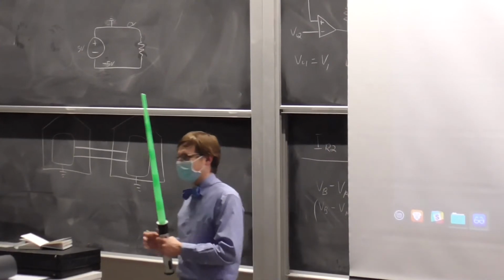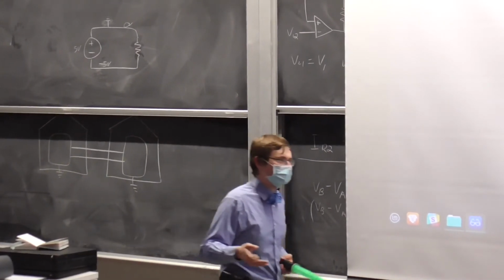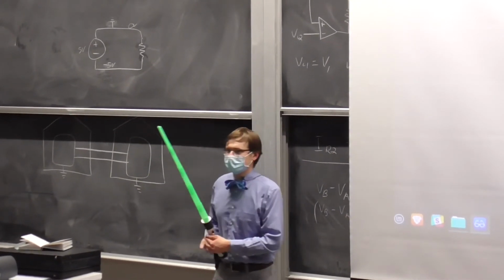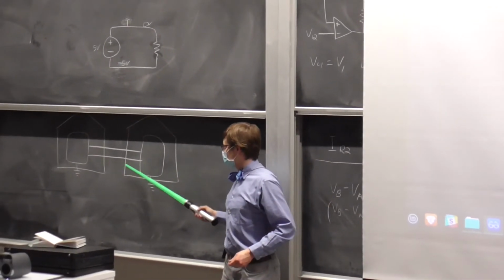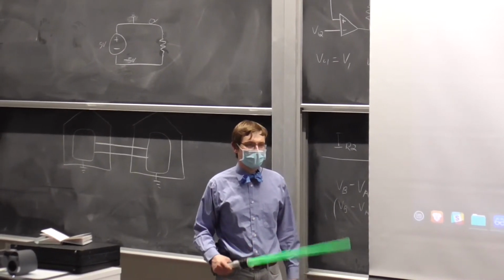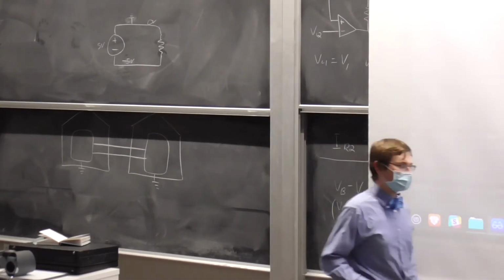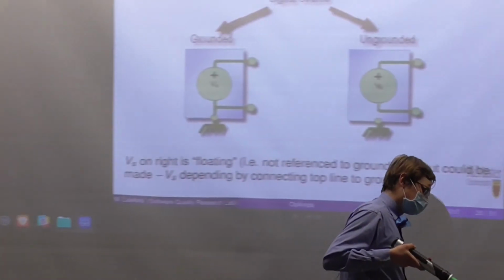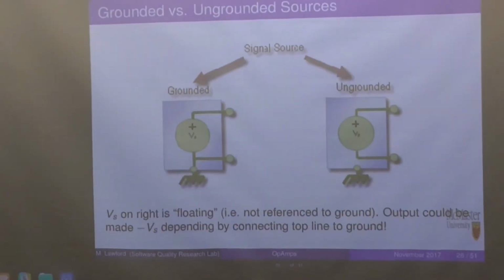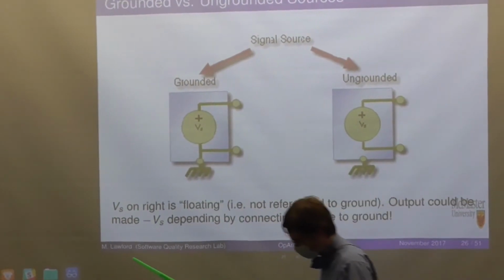Basically, the short way of finishing this is: don't connect to ground twice, because you'll set up a ground loop, and that could be a problem. So if you're designing devices that connect multiply to ground, try not to.